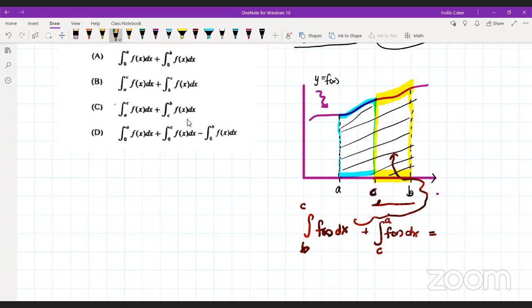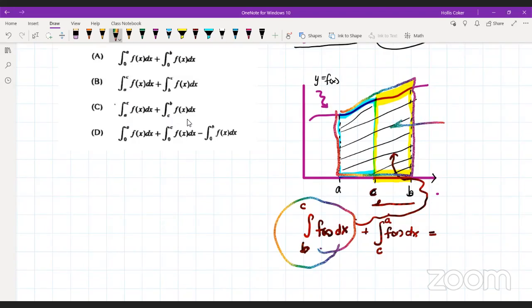The two individual areas, when you add them together, you get the overall area. So this area here corresponds to this part here, and this area corresponds to this part here. Add those two areas together and you get the overall integral from B to A. That's it.